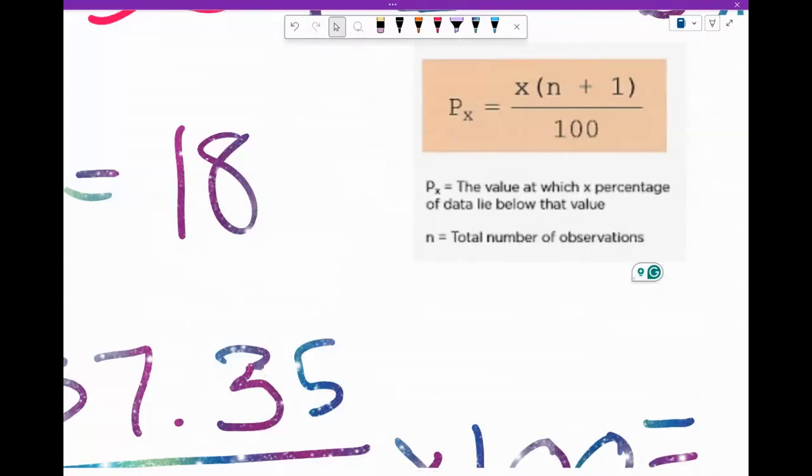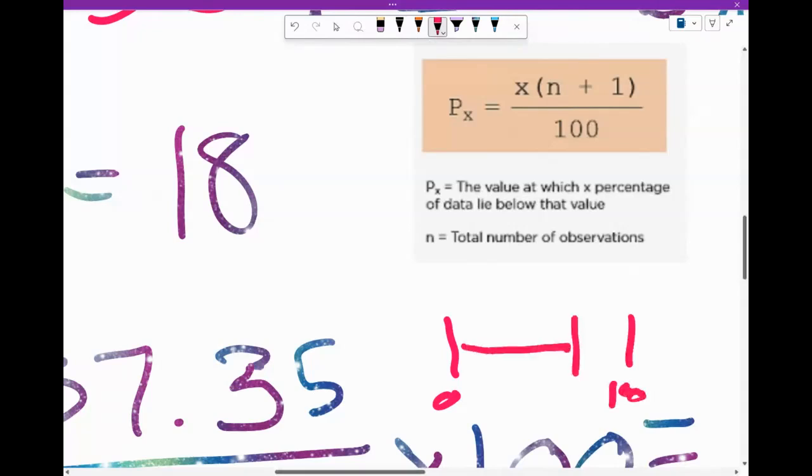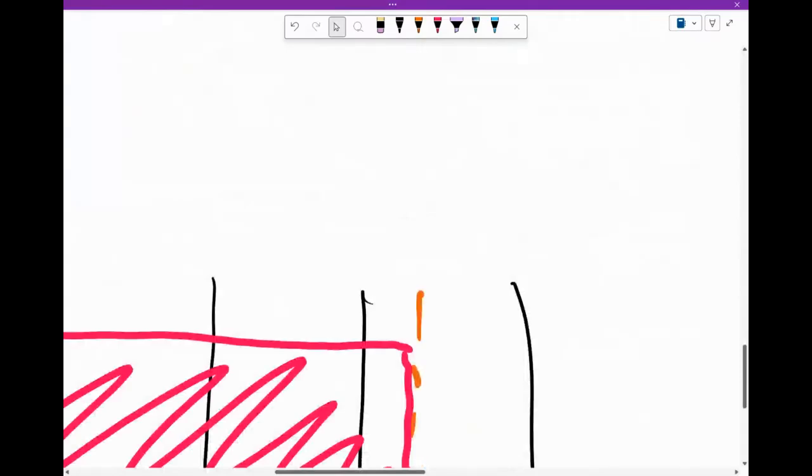So if we just wanted the 70, so here's our 0, here's our 100, and we wanted 70, easy. We would have just applied that formula as is. Oh, am I standing in your way? We would just apply that formula as is. But because they want the middle, we can't do that. So how do we get that middle? We now need to say, okay, how do we get the first 15 and how do we get the last 15?